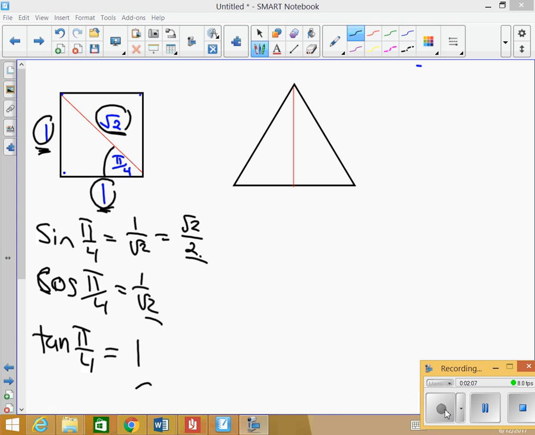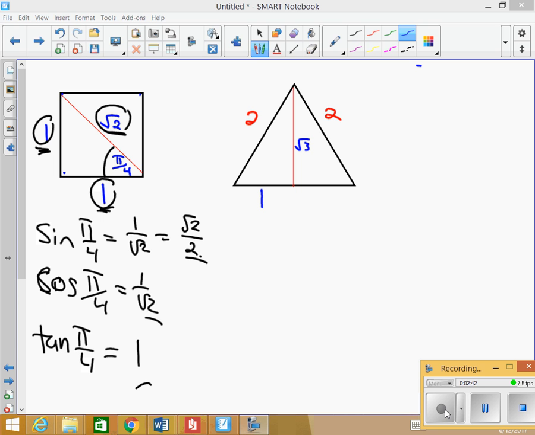Now, on the other side, we have an equilateral triangle. If each side of my equilateral triangle is 2, 2, 2, and I split it down the middle, I can derive a couple of measurement observations. Half of 2 here is going to be 1. Using the Pythagorean theorem, working backwards, the height of my triangle is going to be root 3.